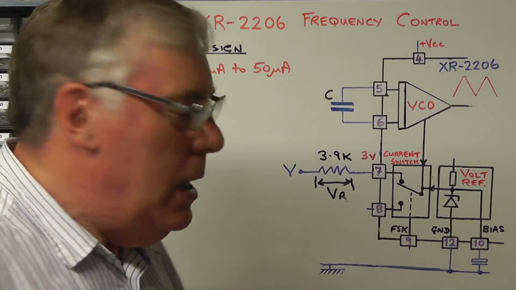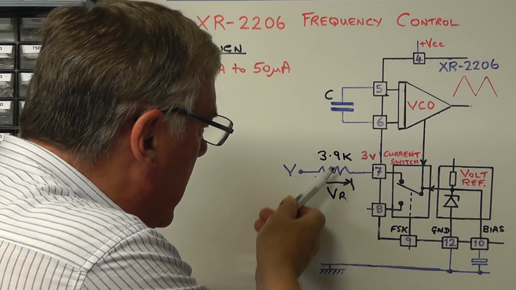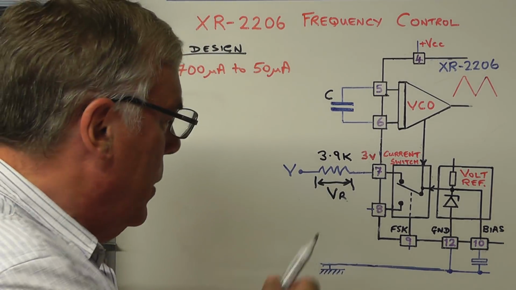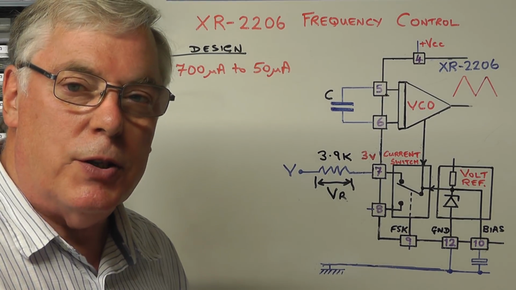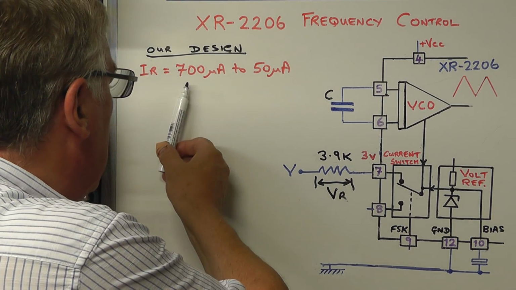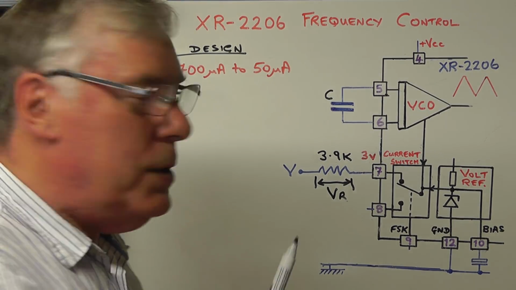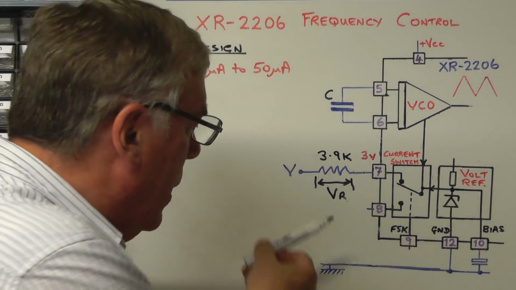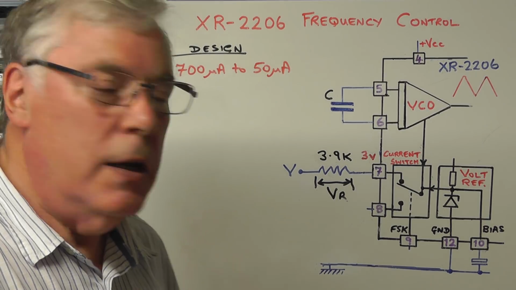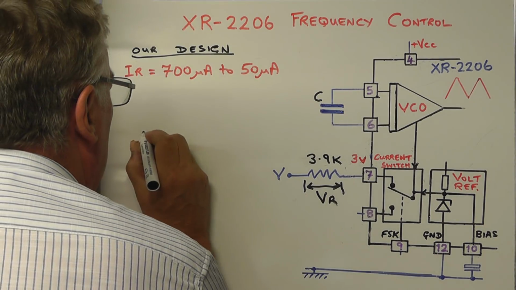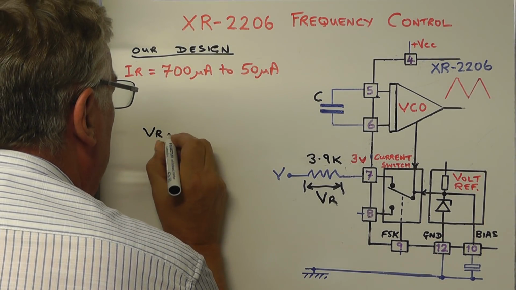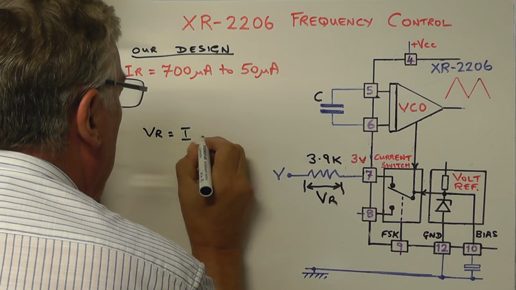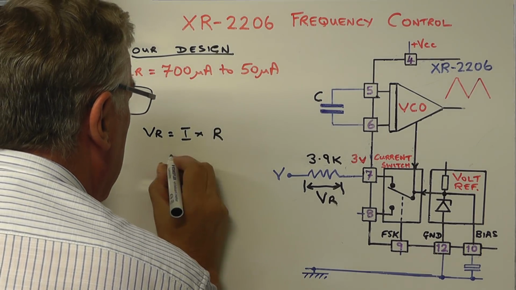value today. And knowing that, we can now calculate what the voltage drop is required across that resistor to give us both 700 microamps and 50 microamps, and from that we can then calculate the voltage swing at this side. So in the first instance, VR is going to equal the current multiplied by the resistance.